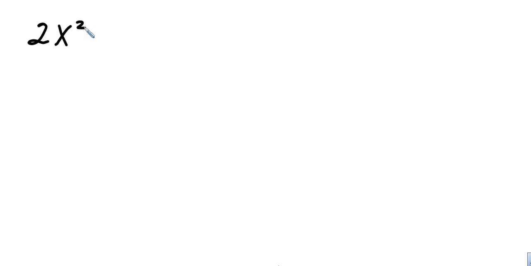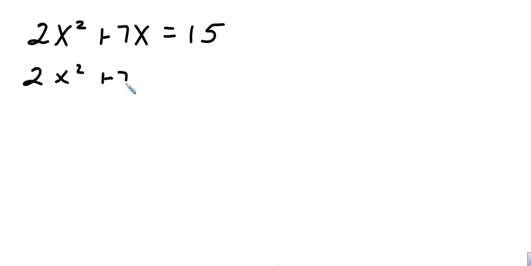So let's look at 2x squared plus 7x equals 15. If I move that 15 back over, I get 2x squared plus 7x minus 15 is equal to 0. Now let's say I don't want to factor that. I want to solve it another way.